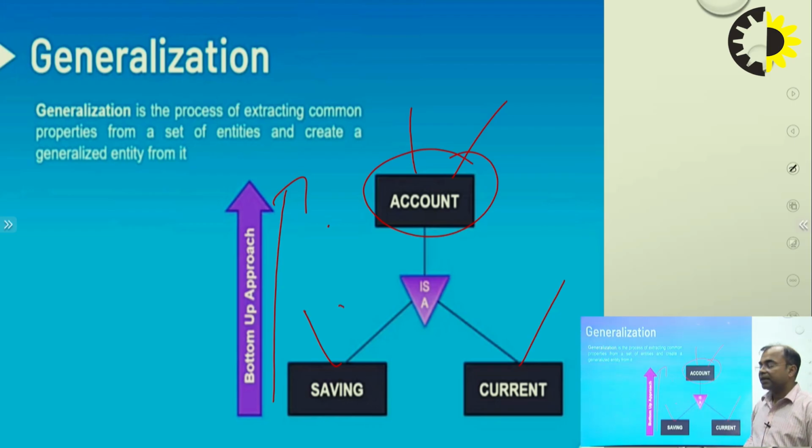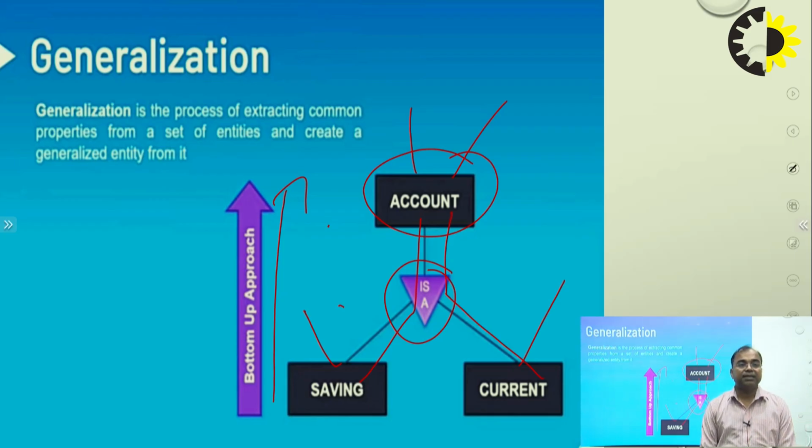These are related by a relationship, and in generalization that relationship is called an is-a relationship. It means saving account is an account, current account is an account. Both combined are account. So generalization is the process of extracting common properties from a set of entities and creating a generalized entity from it. This is the generalization process by example. So it is clear how we proceed with generalization.